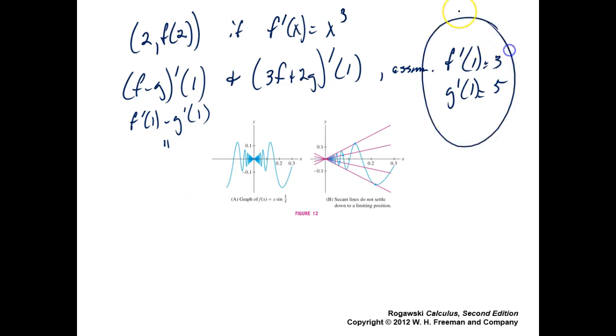Now can you give me an answer, if these are true? -2. You thought it was hard, didn't you? Pretty easy, okay? All right, so you evaluated that one. How about this one? What would you guess the derivative of 3 times one function plus 2 times another function is? What would you hope it would be?